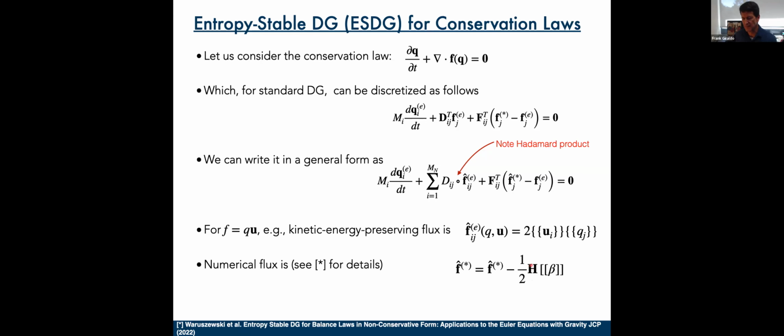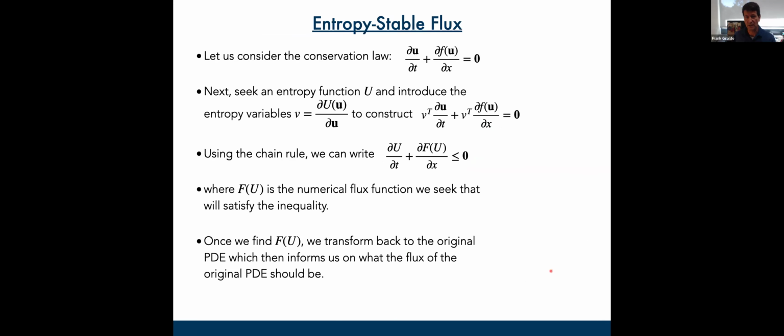You have some matrix, which is just an eigenvalue decomposition, if you will, of your Jacobian operator, and this is a jump in some variable. In this case here, beta are the entropy variables, right? So let me talk a little bit about what I mean by those entropy variables here. So the way you do this is, imagine if you wanted to solve this conservation law.